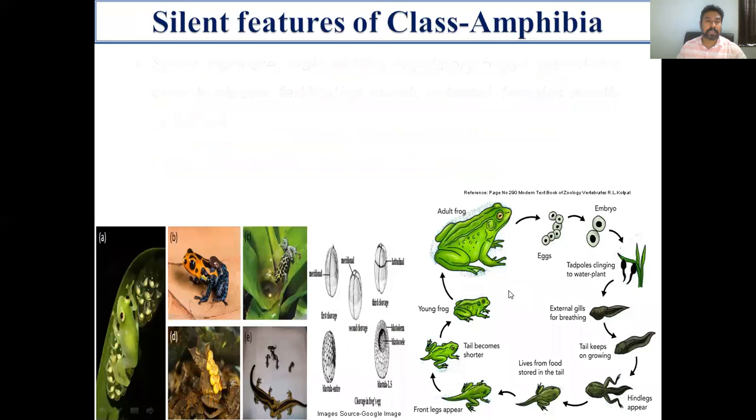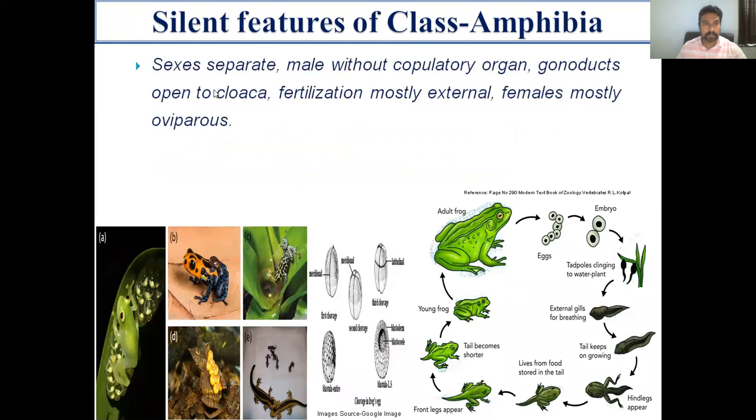If we discuss its reproductive system, the sexes are separate, meaning there are different male and female individuals. Males do not have any copulatory organs. The gonoduct, which is the duct of the reproductive system, opens into the cloaca. Fertilization is mostly external.